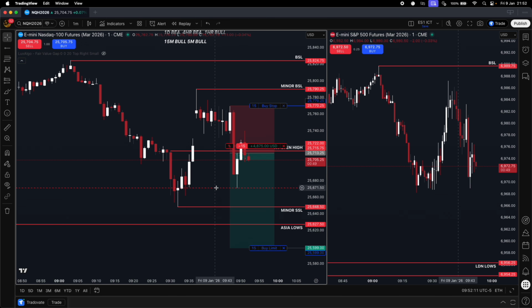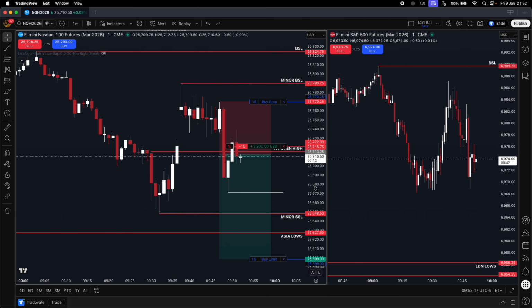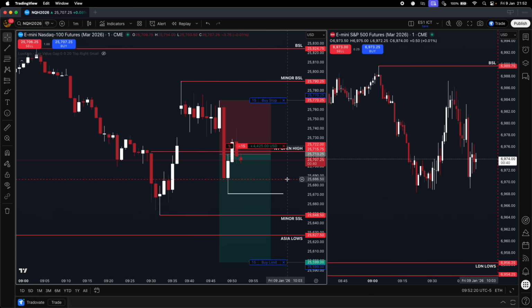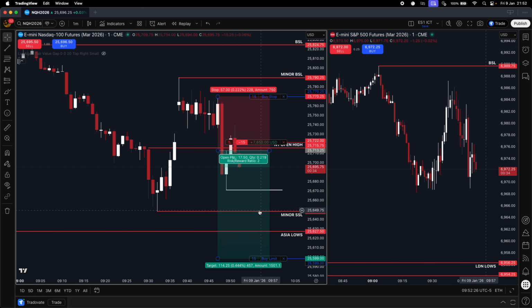So we would trail stops at this short-term low. So it was with 3 micros, as it's a 57 handle stop. We're looking for a flat 2 to 1.